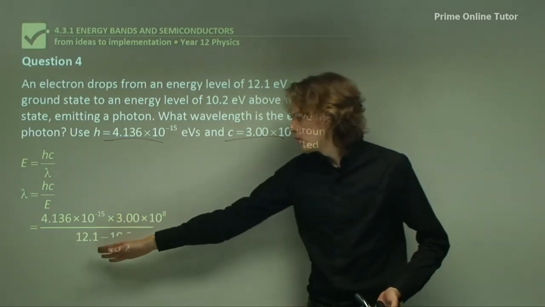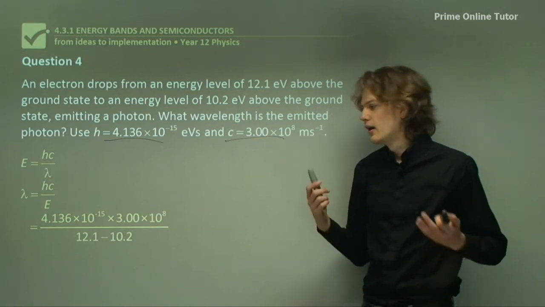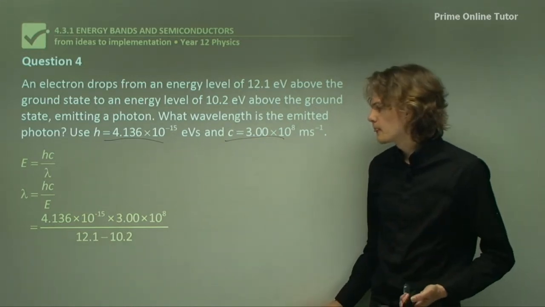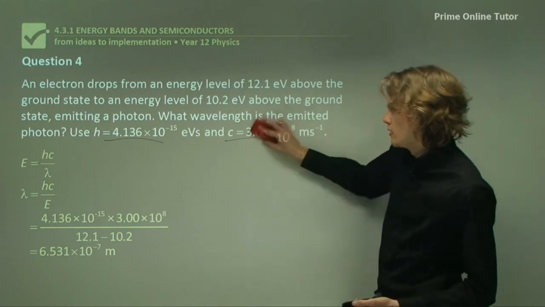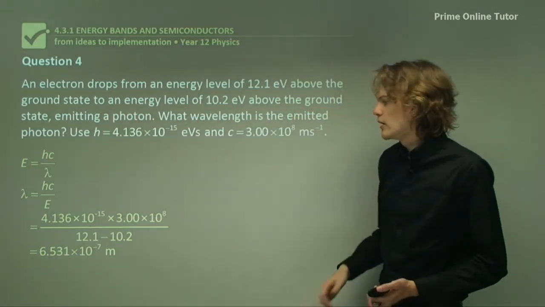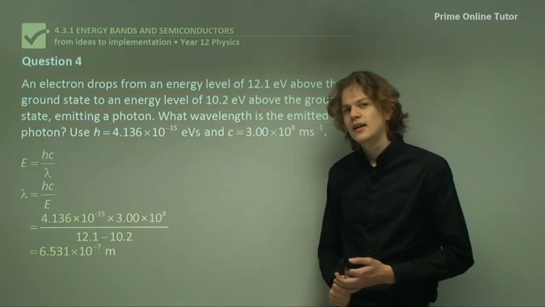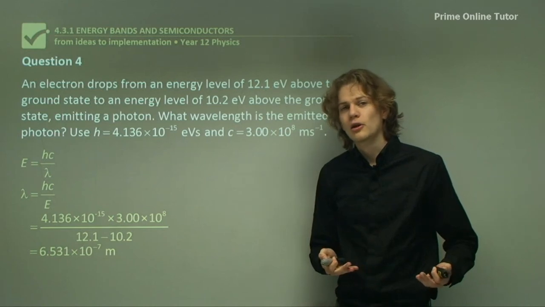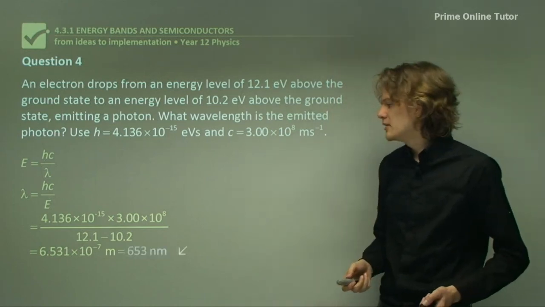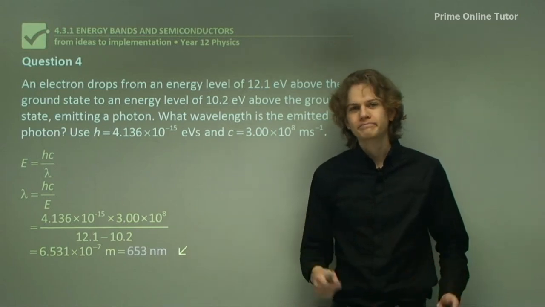Of course, the 12.1 minus the 10.2 is the energy of the photon that's emitted in electron volts. So, simplifying this, we find that the photon that's emitted has a wavelength of 6.531 times 10 to the minus 7 meters. This is in fact a visual wavelength that we're able to see, and if we measure it in nanometers, we find it's 653 nanometers, which is a reddish color.